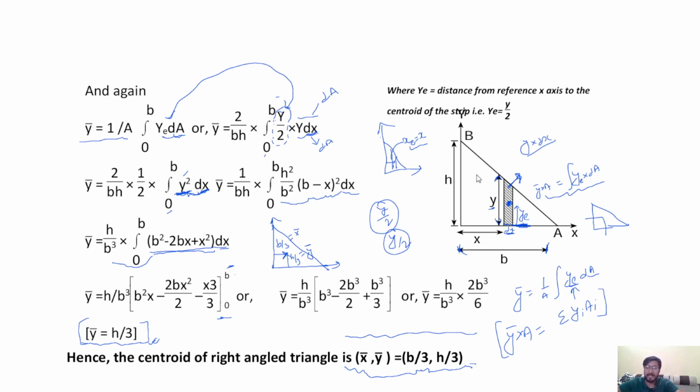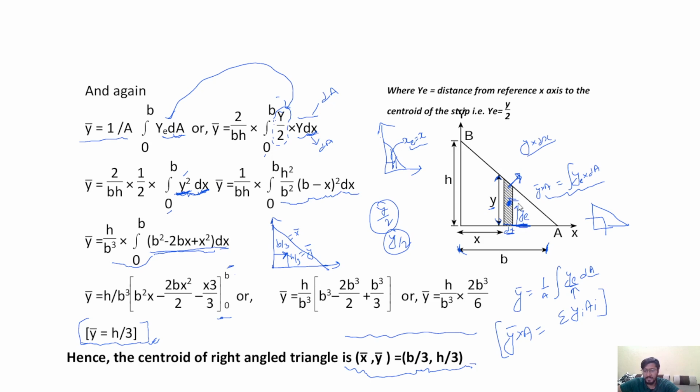You can take any strip for the determination of centroid, but one thing keep in mind, the replacement distances of these, ye and xe, should be exact. That means, for example, if we take a vertical strip that is parallel to the y axis, ye is the distance of the centroid of the strip from the reference axis.